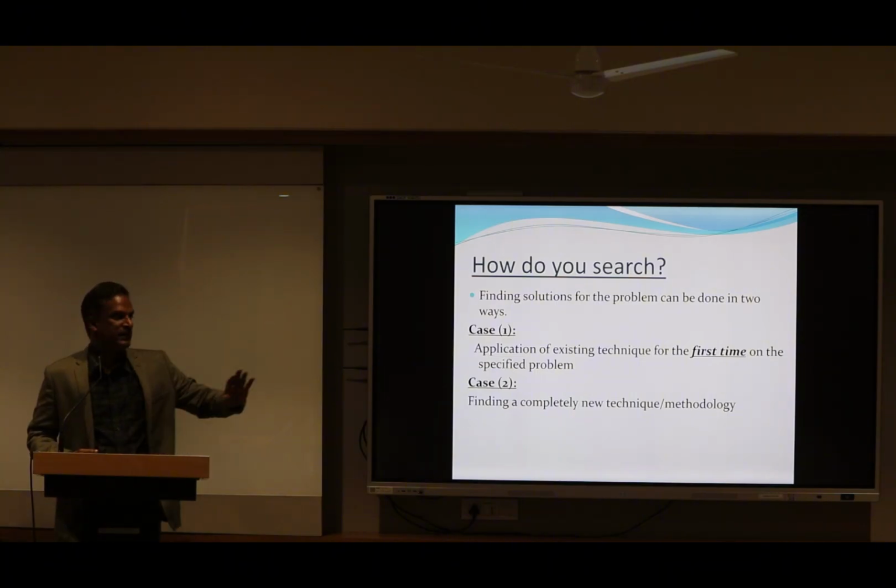Understood? Okay. Case 1 is applicable only for Scopus journals. But if you are asking for Web of Science journals or site journals, you should have something in terms of case 2. Otherwise, it is going to be extremely difficult for you to publish in Web of Science journals.